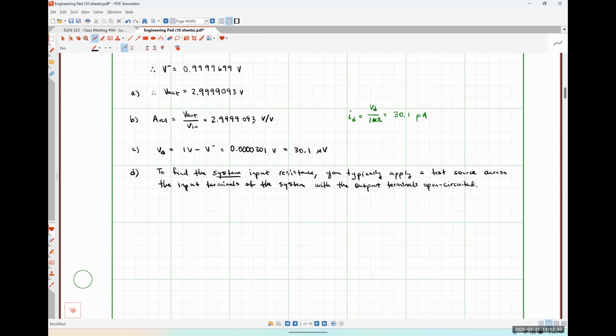So essentially, we are going to disconnect our load because we don't want that influencing the input resistance we see for our system as a whole.